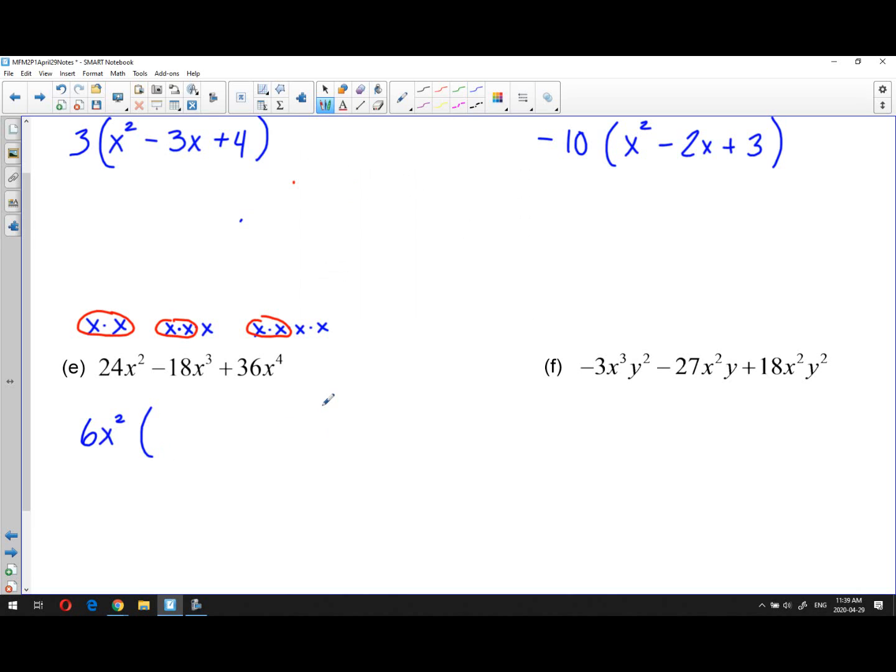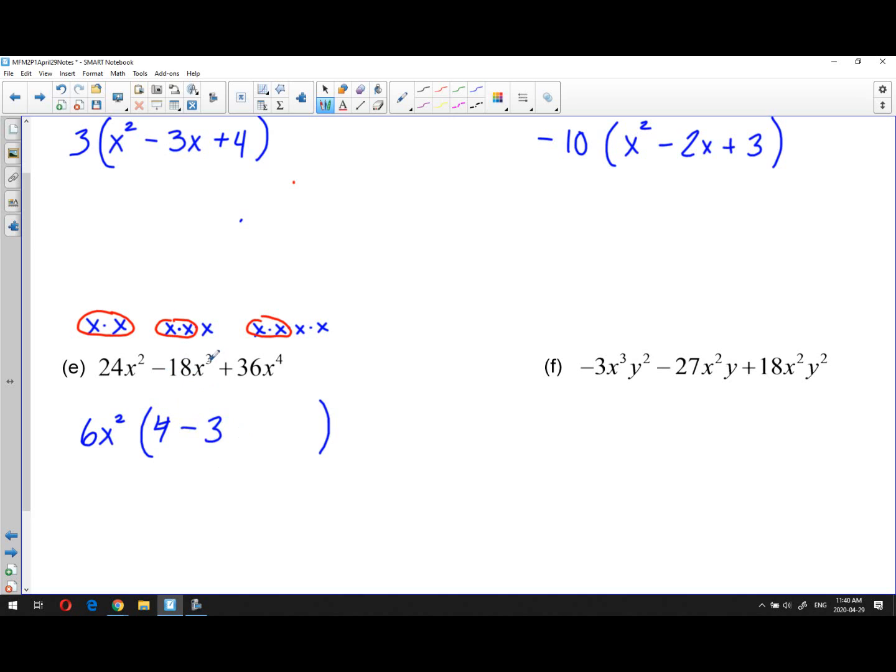Open up a set of brackets. 24 divided by 6 is 4. X squared divided by x squared is 1. So the 2 x's that we had, we took both of them away, so no x's left. That's just 4. Next term. Negative 18 divided by 6 is negative 3.